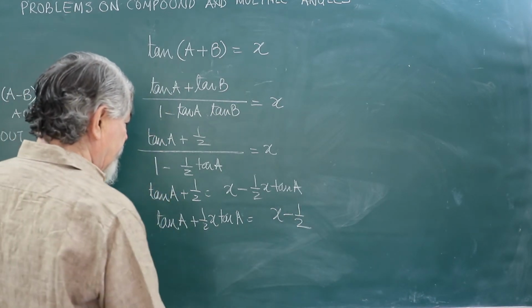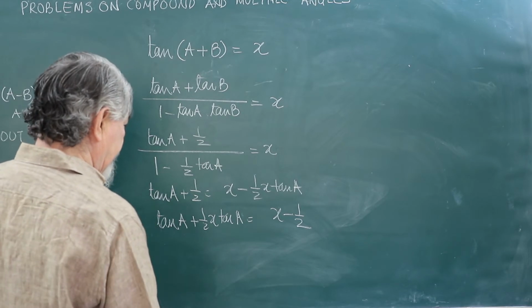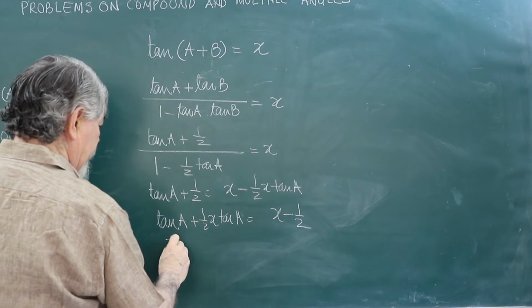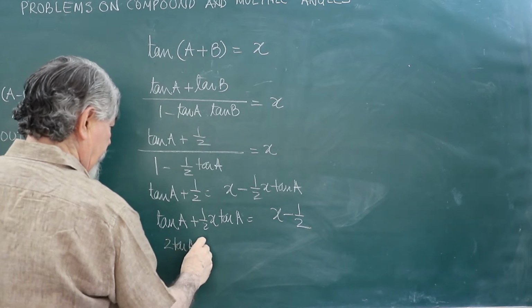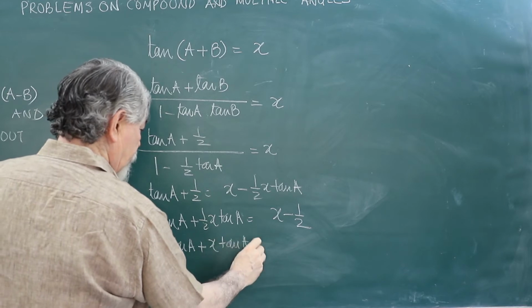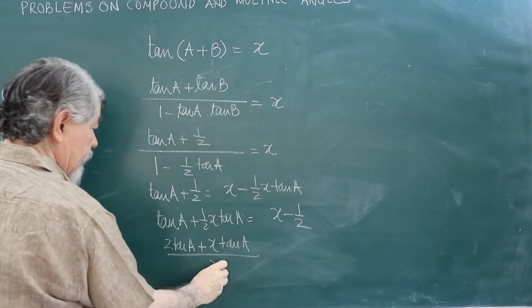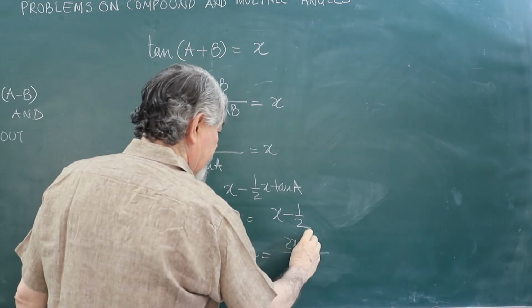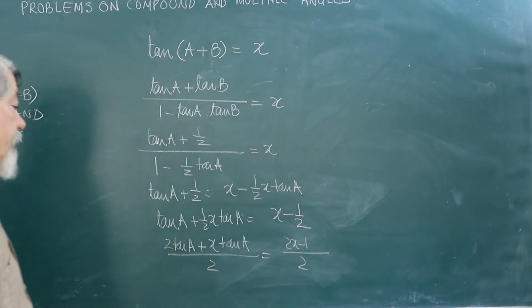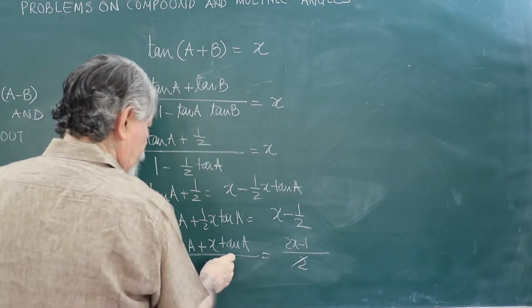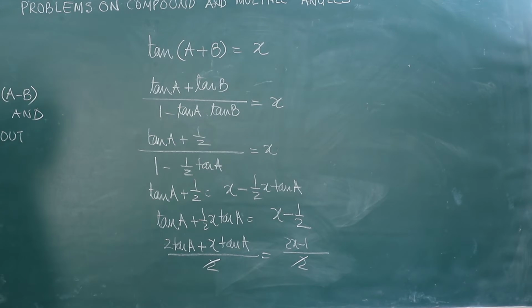If I take 2 as the LCM, it will become (2 tan a plus x tan a) upon 2 equal to (2x minus 1) upon 2. Now on both sides, 2 will cancel the denominator.